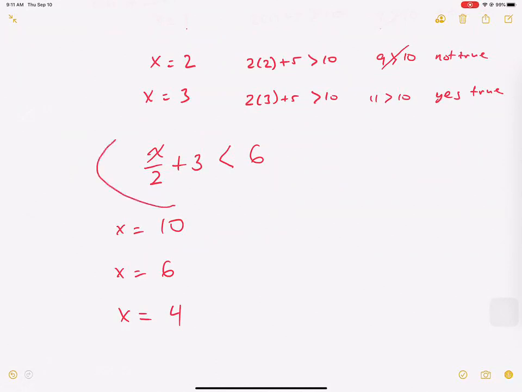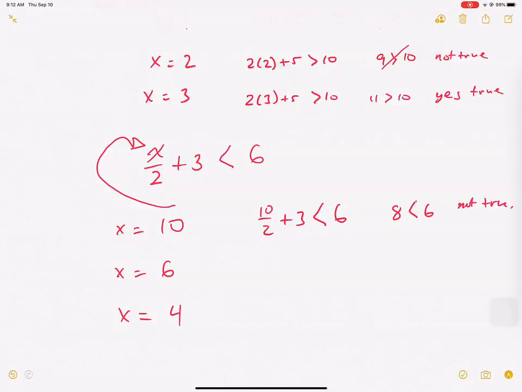So we actually plug in the x value. Is 10 over 2 plus 3 going to be less than 6? Well, 10 divided by 2 is 5. 5 plus 3 is 8. Is 8 less than 6? That is not true.